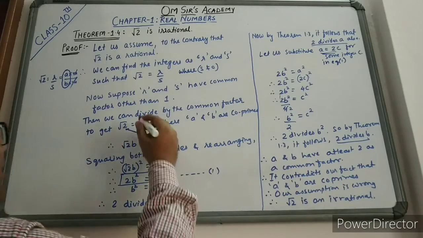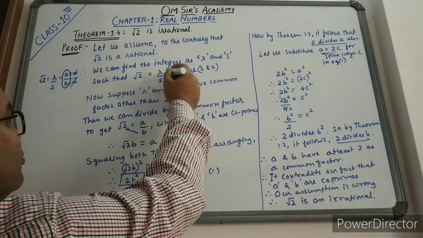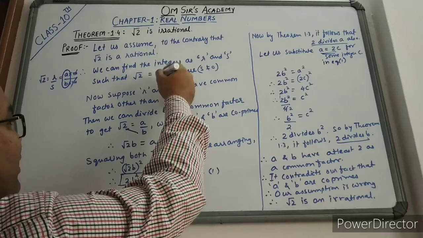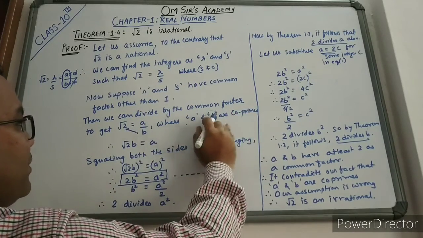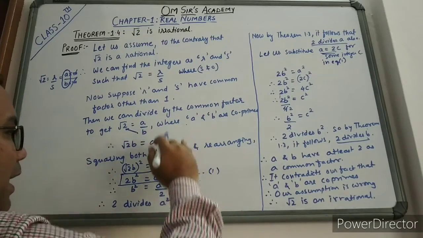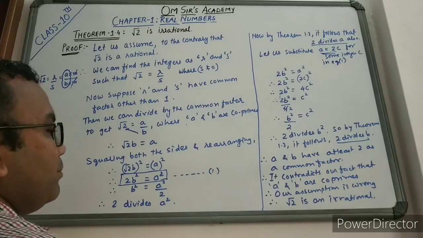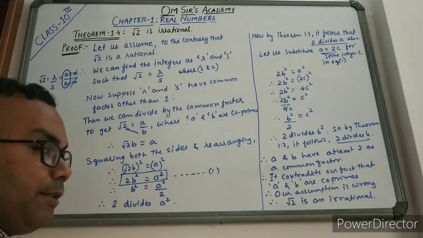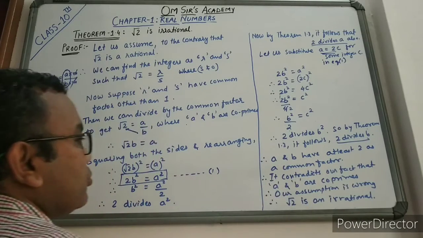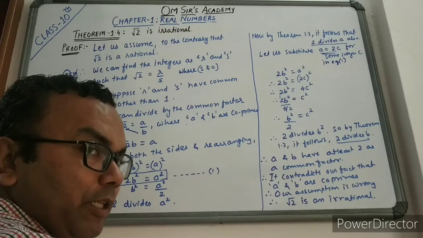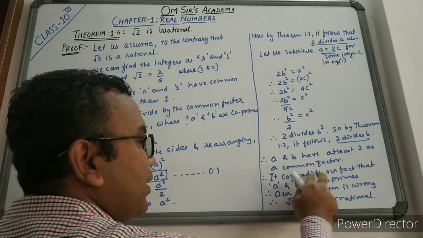सो हमने क्या लिया था कि a and b को-प्राइम हैं, मतलब r और s दे वर नॉट को-प्राइम्स, but when we simplified r and s we got a and b, they were co-primes. Okay, that means further division was not possible. पर यहाँ पे तो a और b दोनों में 2 कॉमन फैक्टर आ रहा है, मतलब a and b में फर्दर डिवीजन भी पॉसिबल है. तो these contradict our fact that a and b are co-primes. तो a and b co-prime नहीं हैं, तो that contradicts our fact.